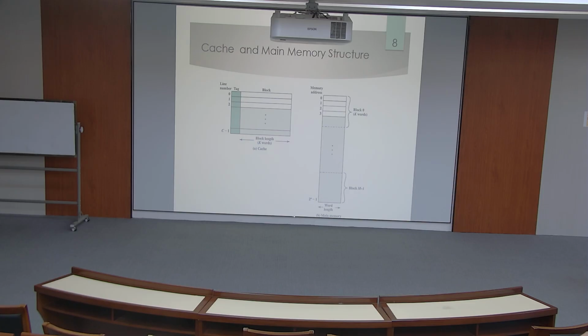Now we have the cache memory and the main memory structure. We have this picture on the screen which depicts it. The cache memory includes different cache lines, from 0 up to C-1. These are the cache line numbers.